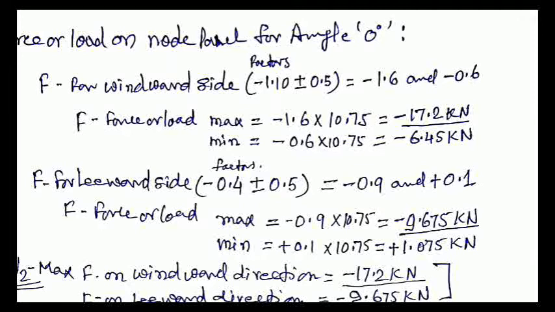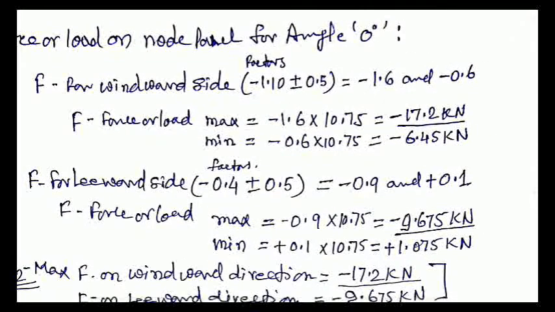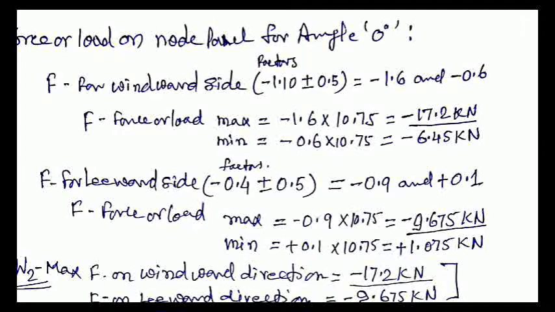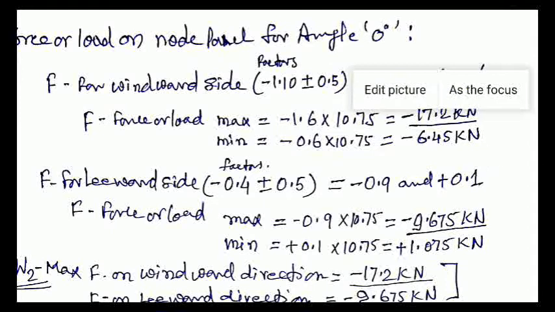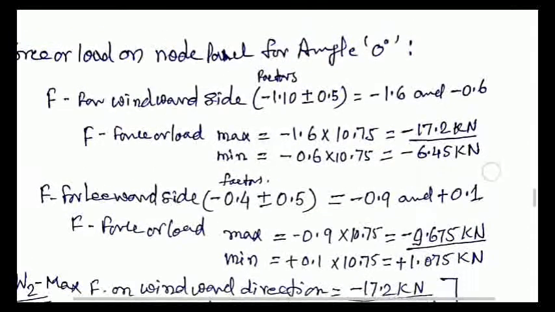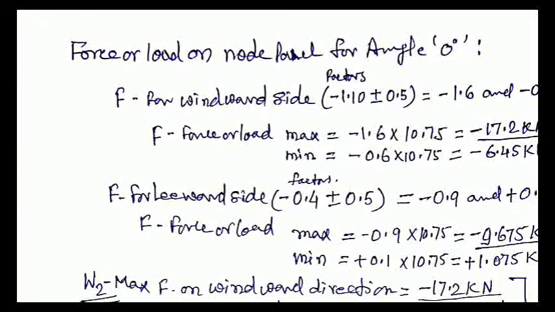So the maximum will be minus 1.6 and the minimum will be minus 0.6. This is for the windward side. We may calculate the force F: maximum will be 17.2 kilonewton and minimum will be minus 6.45 kilonewton, but we will take the worst or maximum condition. So this 17.2 kilonewton we will take in the calculation work.